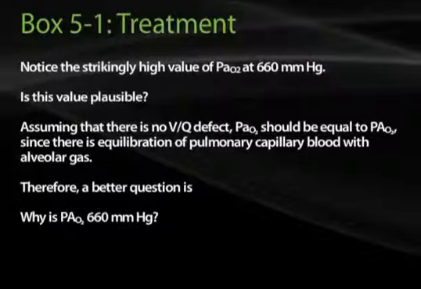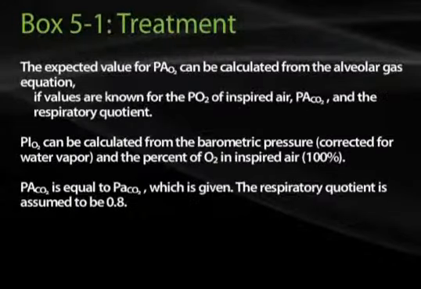Now, notice he had a strikingly high arterial O2 at 660 millimeters of mercury. Is this value plausible? Assuming he's got no VQ defect, his arterial PO2 should be equal to his alveolar PO2, since there's equilibration of pulmonary capillary blood with the alveolar gas. So a better question is, why is his alveolar O2 so high? We can calculate his alveolar O2 based on the alveolar gas equation.